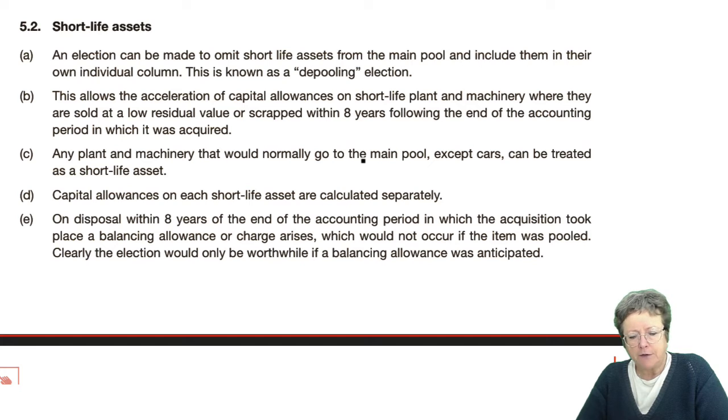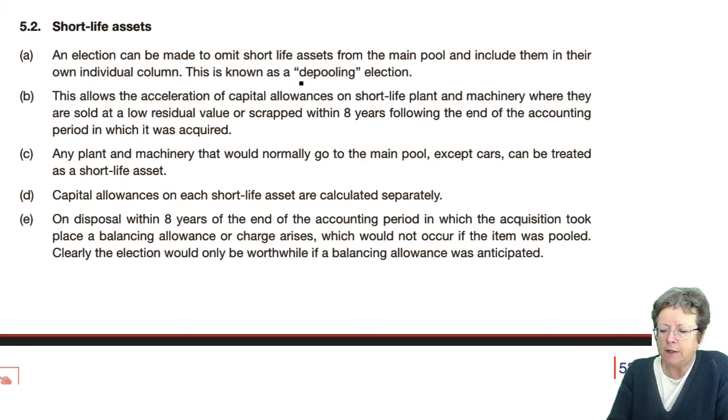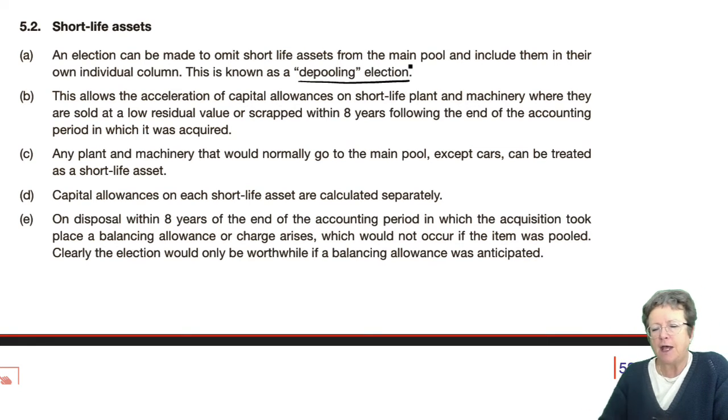Short life assets. So you can issue an election to have the assets taken out of the main pool and put in an individual column. It's called a depooling election. It doesn't happen very often in the exams. You can do it on anything except cars.